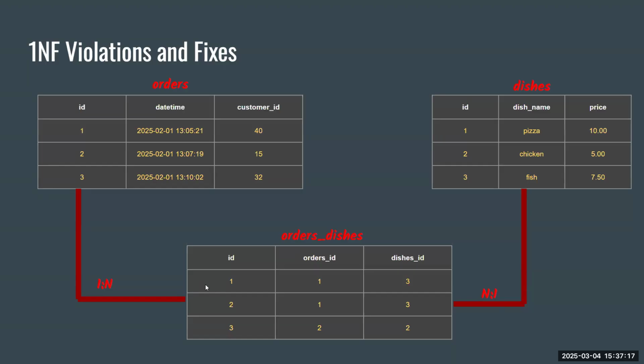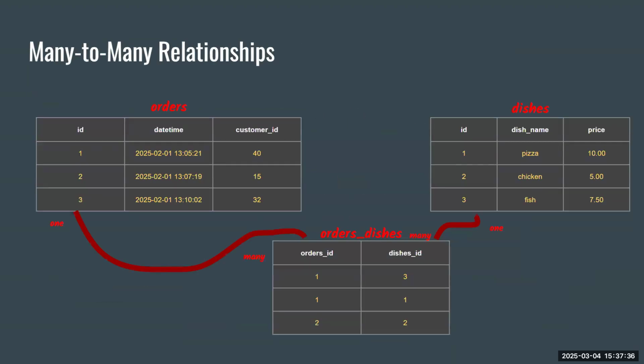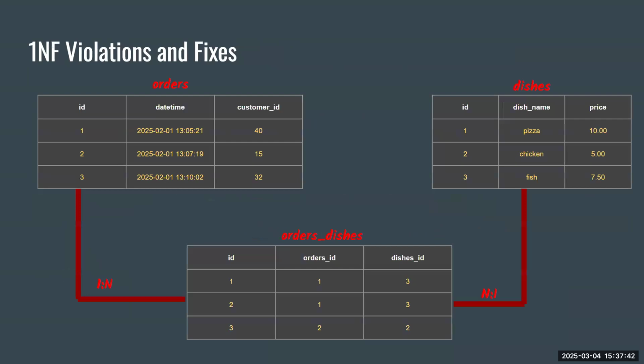Notice that I'm using entity relationship nomenclature in here, so one-to-many. You'll notice something I added to the join table, though, is an ID primary key. Originally we just had the two foreign keys in our orders dishes table, but I've added a primary key, and that is making it first normal form compliant.